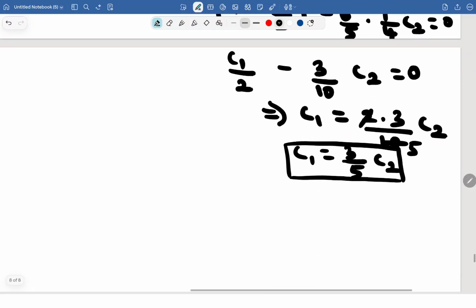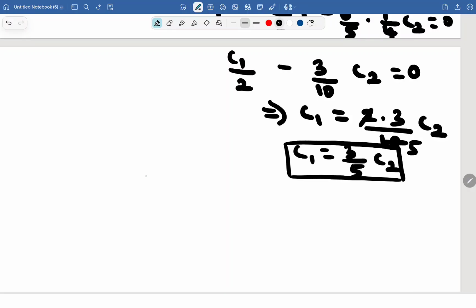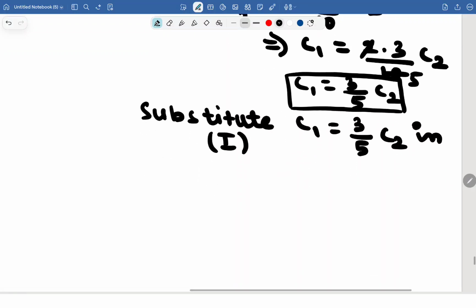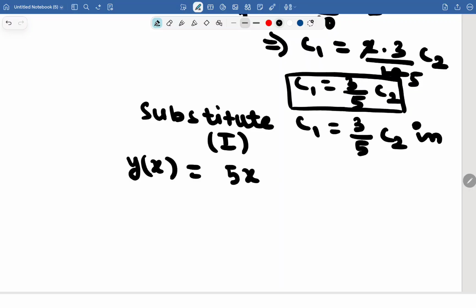Now I am going to substitute C1 equal to 3 by 5 C2 in 1. What is 1? y of x is equal to 5x, lambda is 1 by 4, into C1.